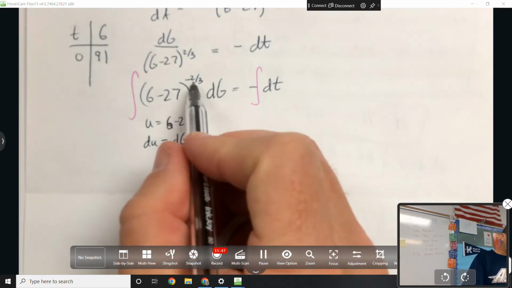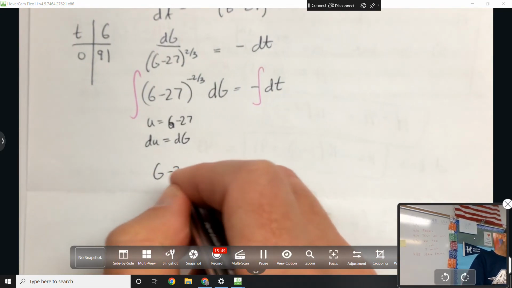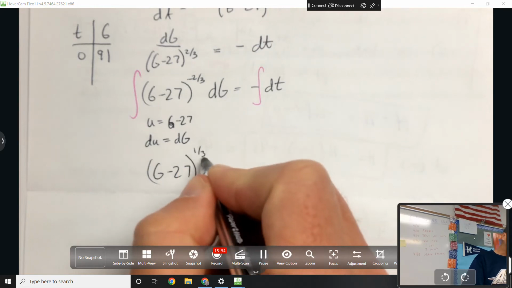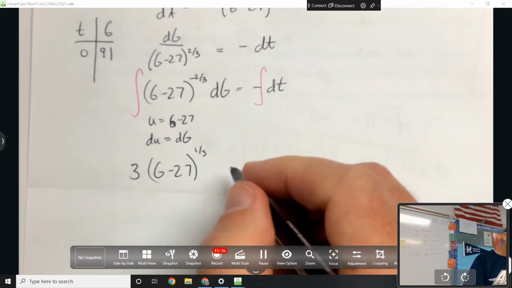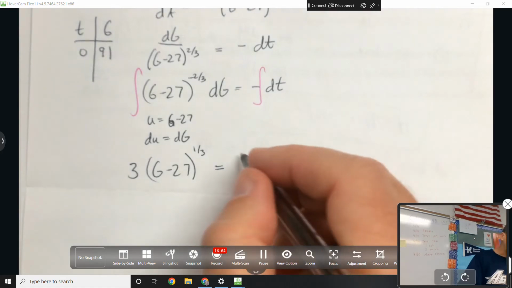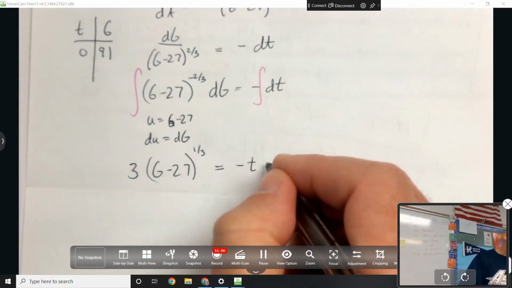Increase the power by 1. So that would give me 1/3. Divide by the new power, so times 3. And I'm going to put the plus c on the other side. It doesn't matter, but it seems like it'd be easier to handle on the other side. Negative t plus c.